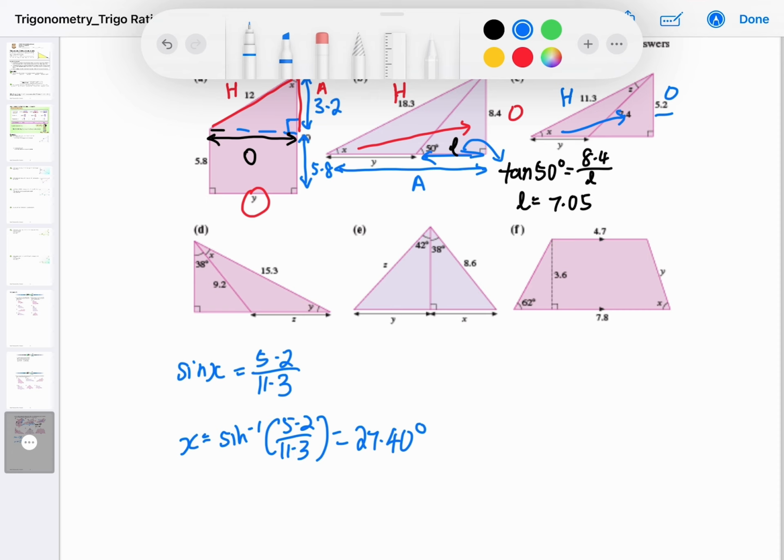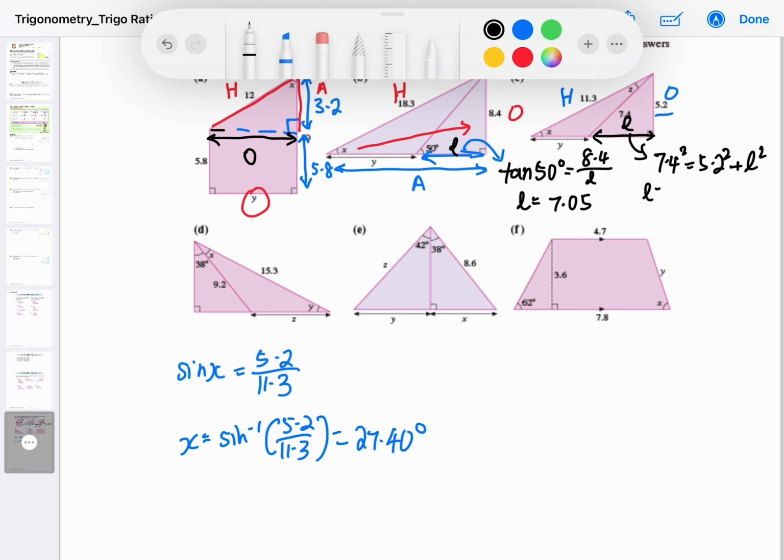If we are talking about y, y would be the length which I need to find, the smaller length over here. Now we have learned from the previous question, but not much is given except for the fact that 7.4 is the diagonal. Using Pythagoras theorem, 7.4 squared equals 5.2 squared, let's call this L again, plus L squared.